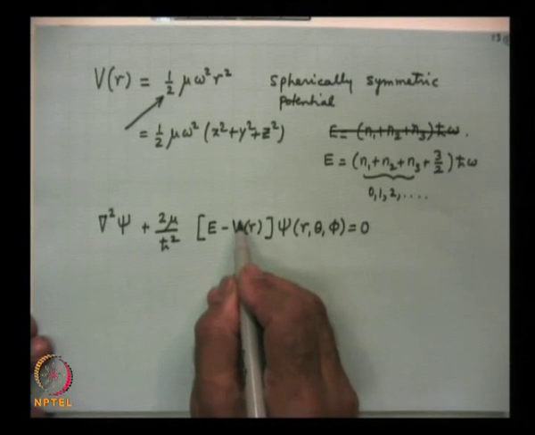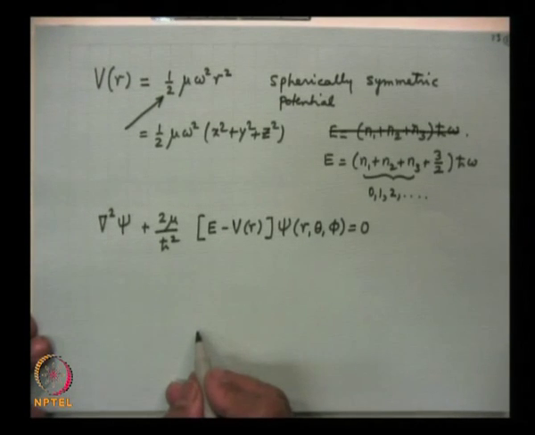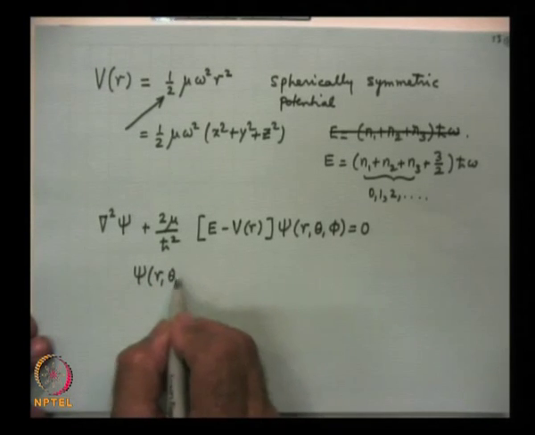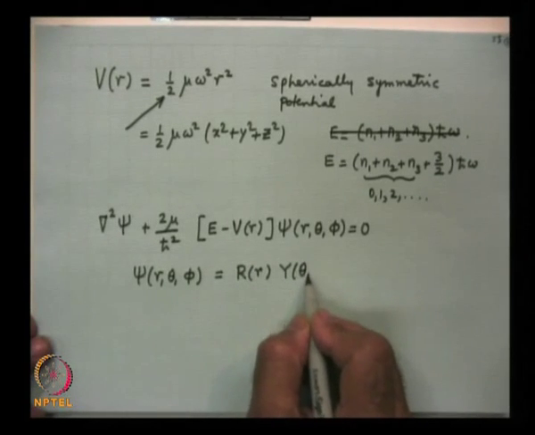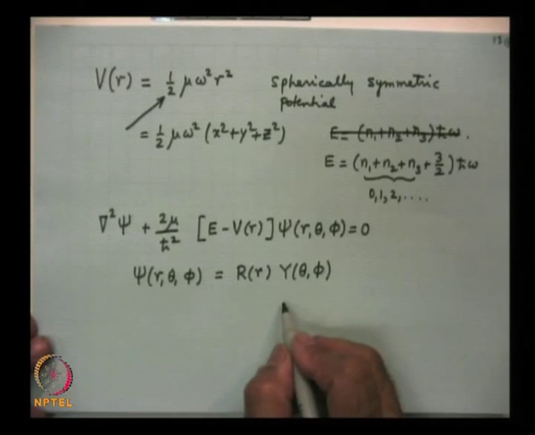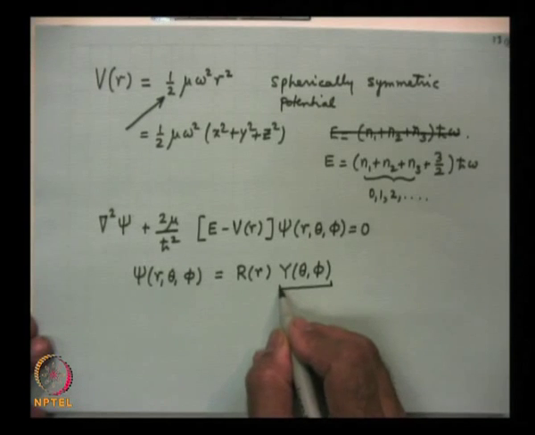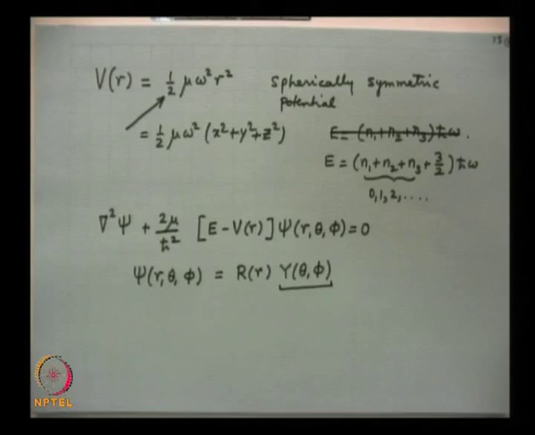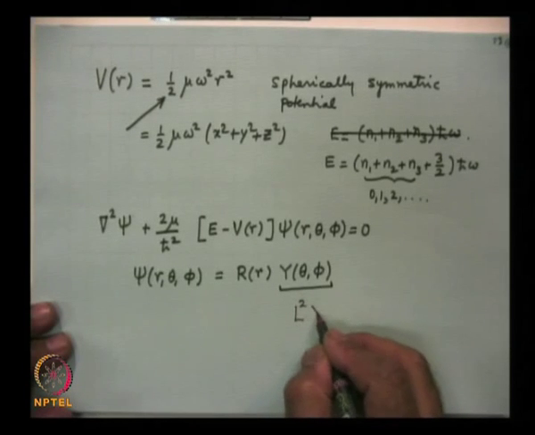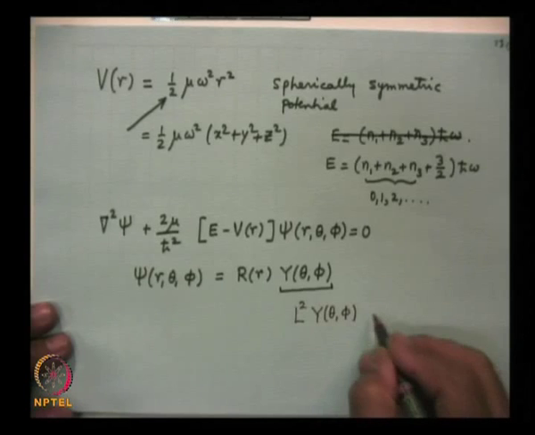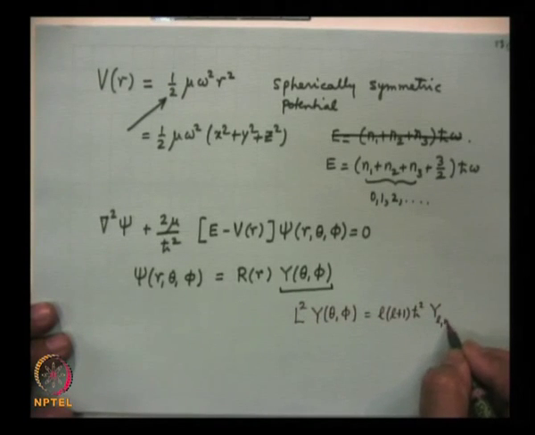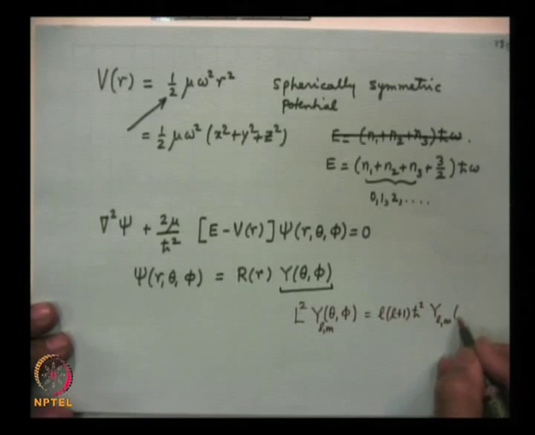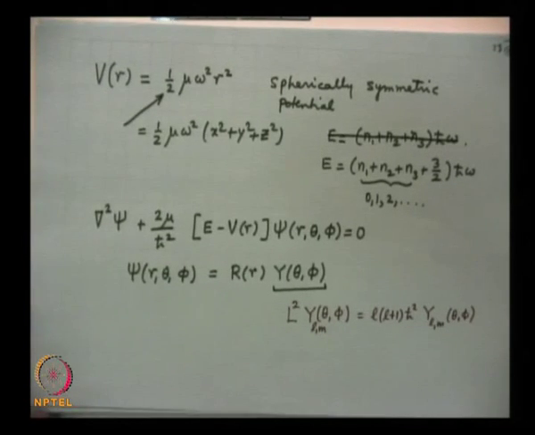Since the potential energy function depends only on the r coordinate, we can write the solution psi of r theta phi as R of r times Y theta phi, where Y theta phi are the eigenfunctions of the operator L square, the spherical harmonics, L square Y L m theta phi equal to L into L plus 1 h cross square Y L m theta phi.